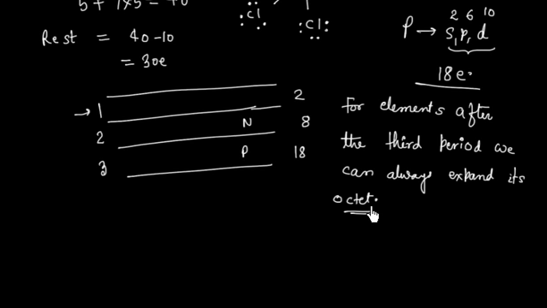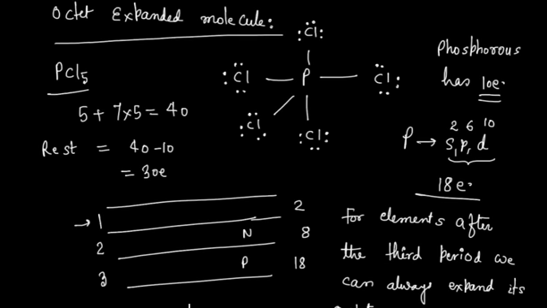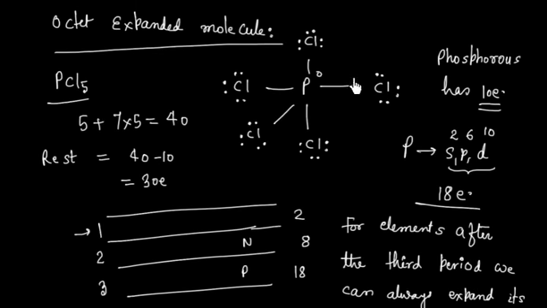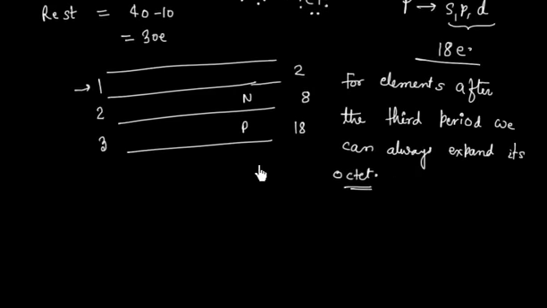Are you getting? So we can have more than 8 electrons. Let us calculate the formal charge. Phosphorus will have 0 formal charge and chlorine will also have 0 formal charge. So this is the case of PCl5.